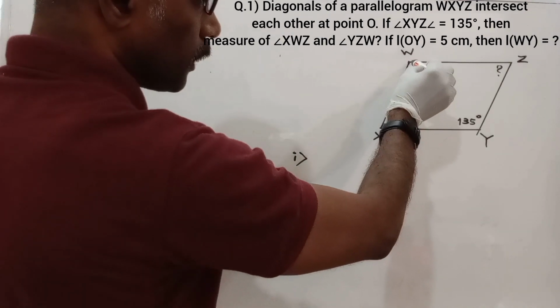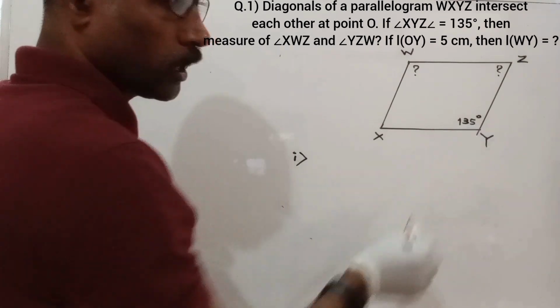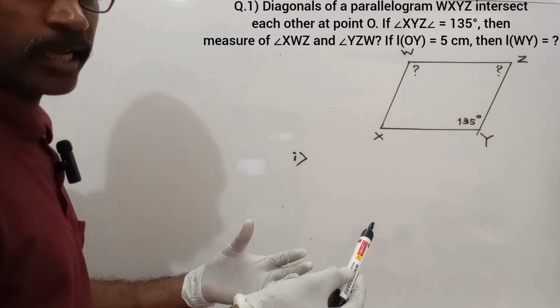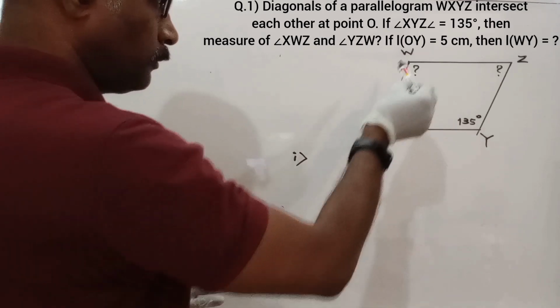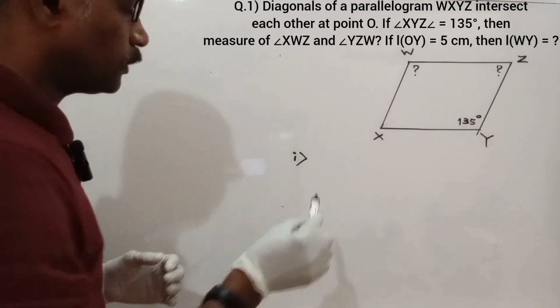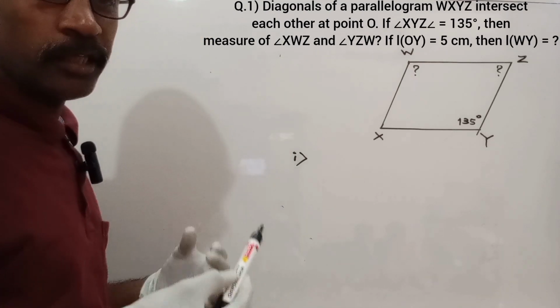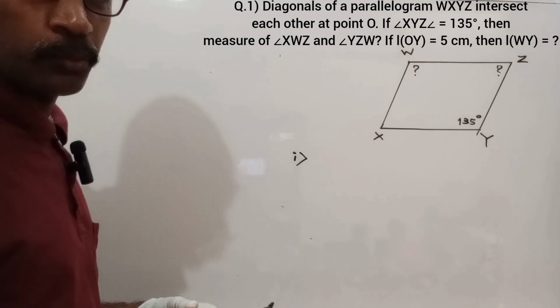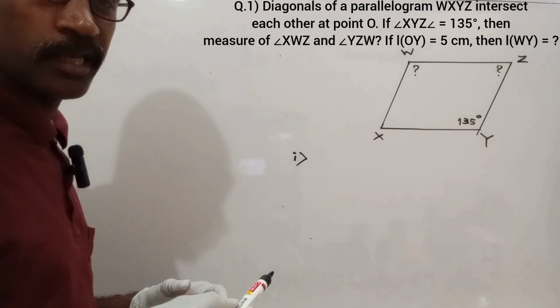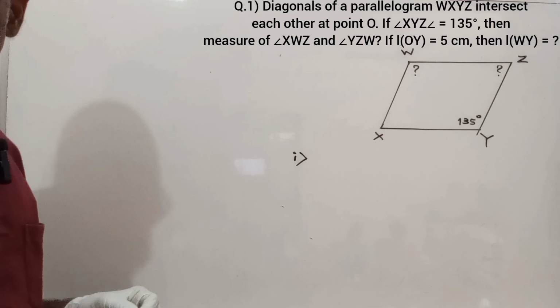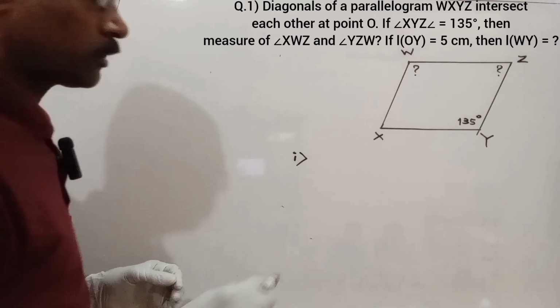Now this angle W and angle Y are opposite angles of each other. Therefore, measures of opposite angles are equal, or we say opposite angles are congruent.